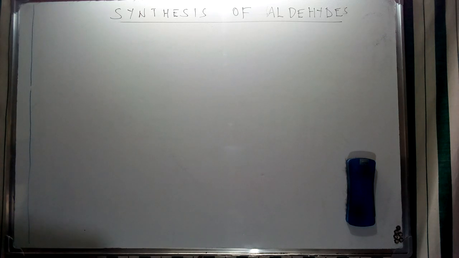So today we're going to look at the synthesis of one of the classes of organic compounds that we refer to as aldehydes. And as I have mentioned earlier in one of our videos on the synthesis of ketones, aldehydes form a class of organic compounds that fall under the category of carbonyl compounds.